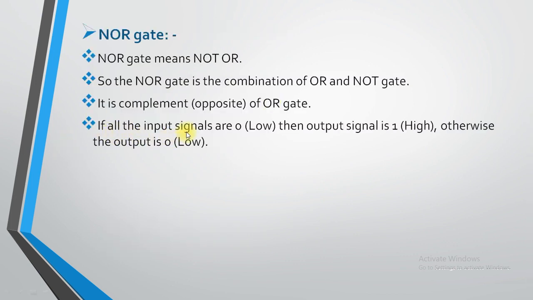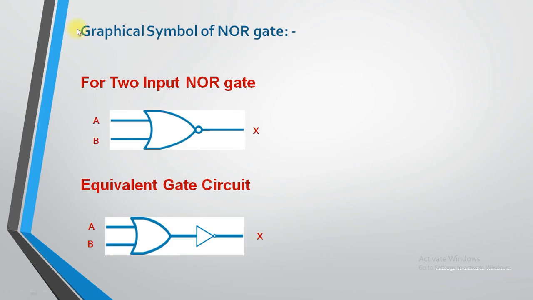If all the input signals are 0 or low, then the output signal is 1 or high. Otherwise, the output is low or 0. Got it? Now, the graphical symbol of NOR gate can be represented by two input NOR gates.